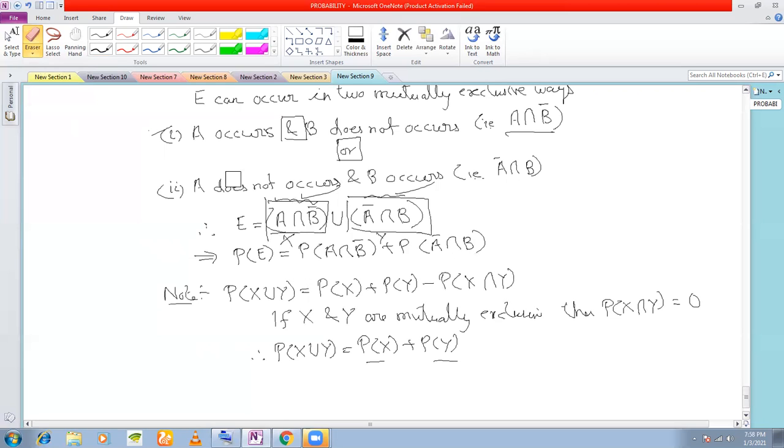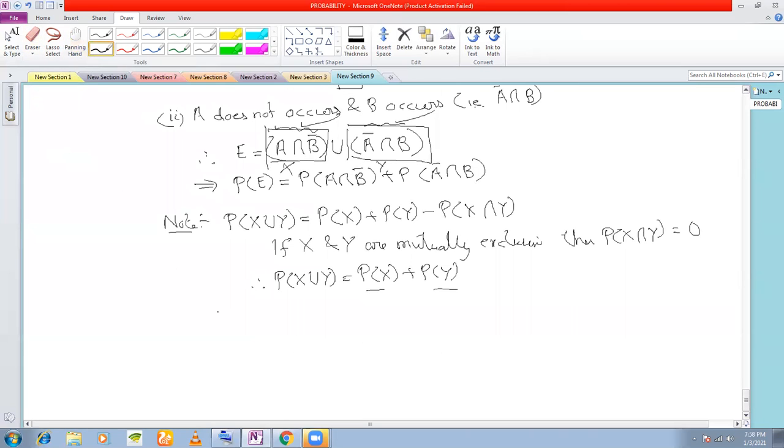We shall be applying this concept also. Type 2 is a problem that comes in your examination. Hence, the probability of E is P(A intersection B bar) plus P(A bar intersection B), which equals P(A) into P(B bar) plus P(A bar) into P(B), since A and B are independent events.